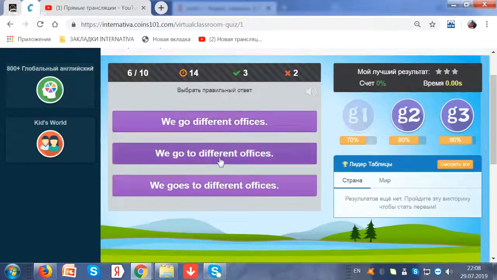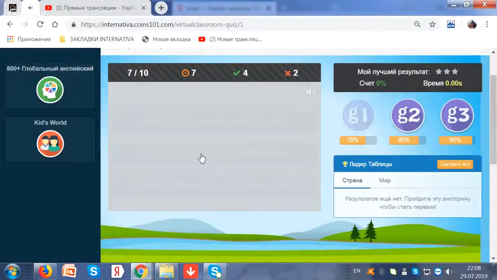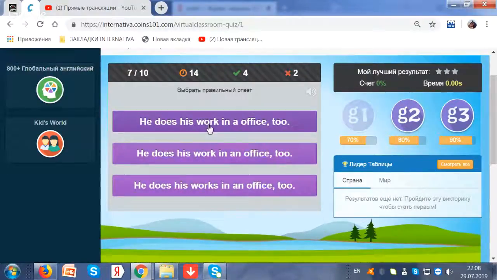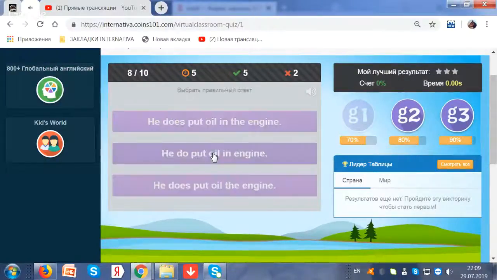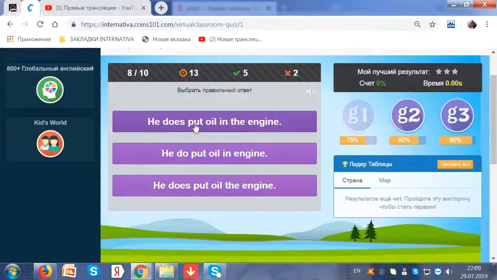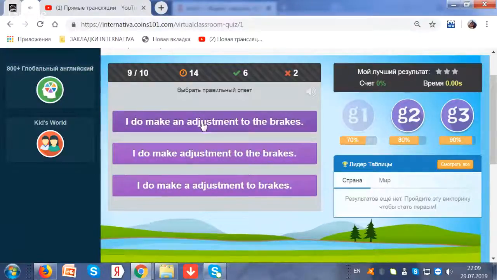We go to different offices. He does his work in an office too. He does put oil in the engine. I do make an adjustment to the brakes.